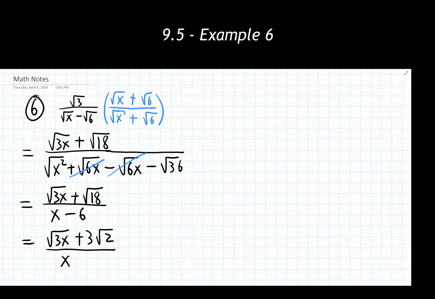Whoops. There it goes. Now it's cooperating. And I'm getting to here. Now at this point in time, I'm looking through this and noticing I can't do anything else to simplify anything down. So at this point in time, I am good to go and have my final answer.